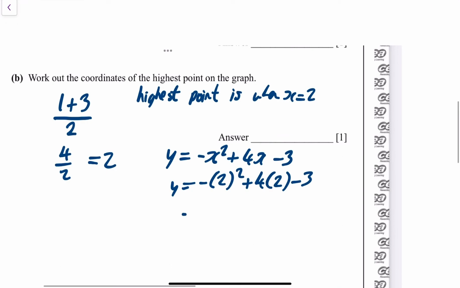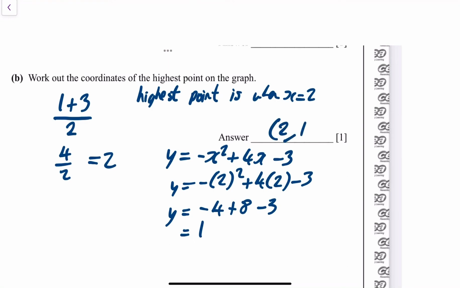It's a calculator exam, so you can do that in one go on your calculator. I haven't got my calculator here, so I'm just going to do it the long way. So it's going to be minus 4 plus 8 minus 3. Minus 4 minus another 3 is minus 7, and 8 minus 7 is 1. So your answer for only 1 mark, which is ridiculous, is 2, 1.